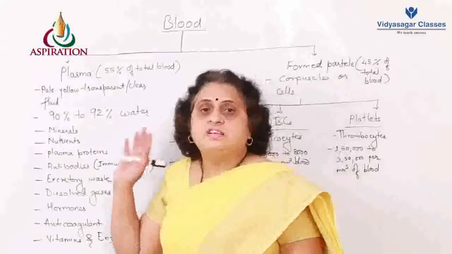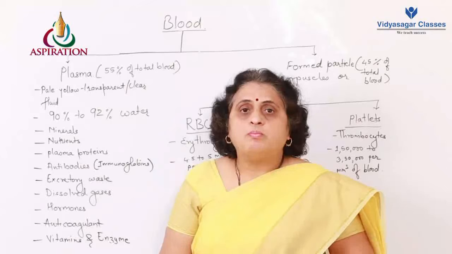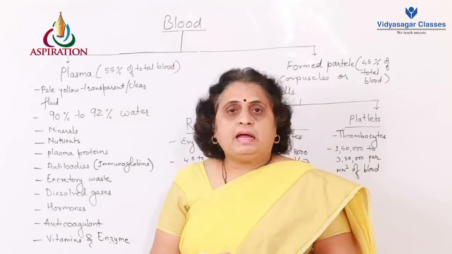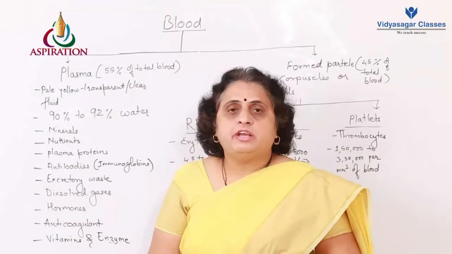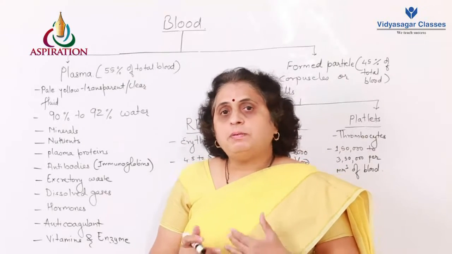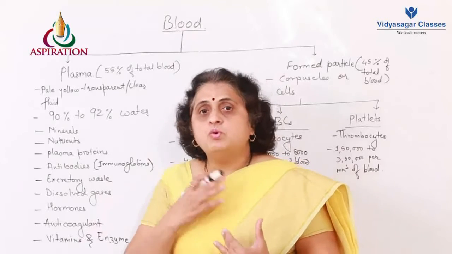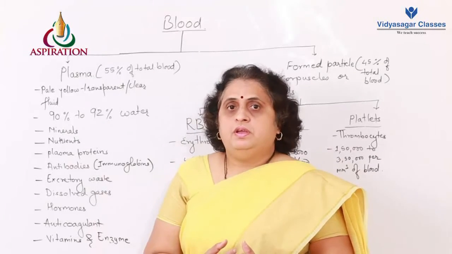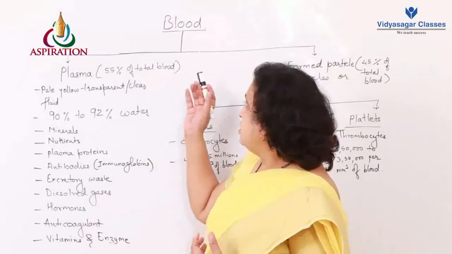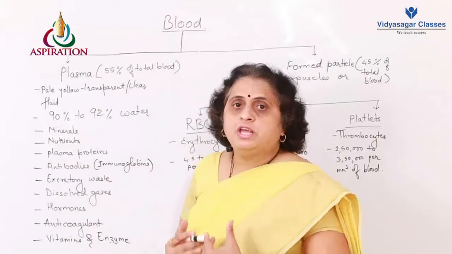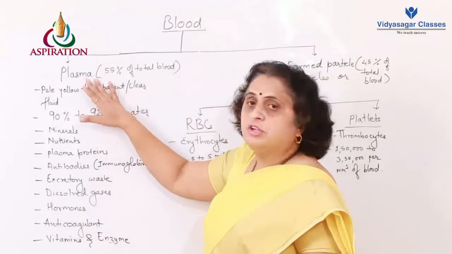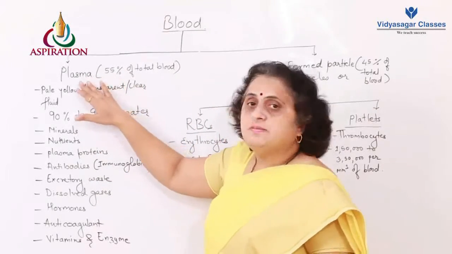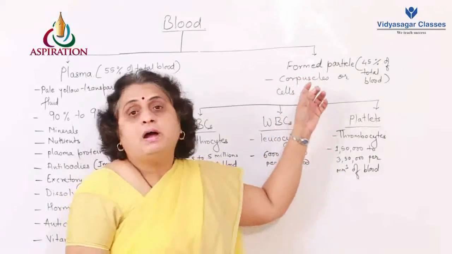Let us now consider the blood and its composition. We said that blood is our primary circulating fluid. The blood which moves inside our body basically comprises two major components, that is plasma and formed particles.